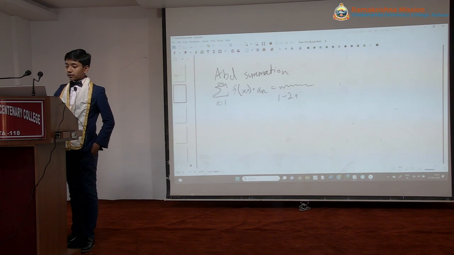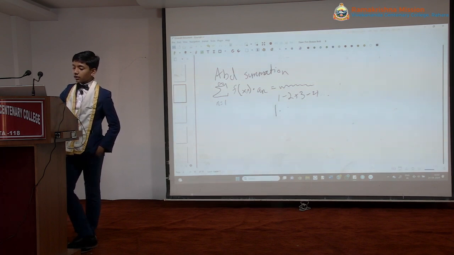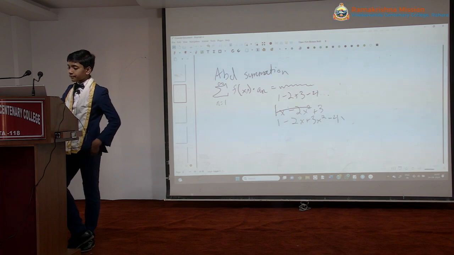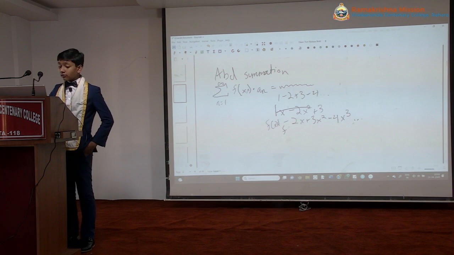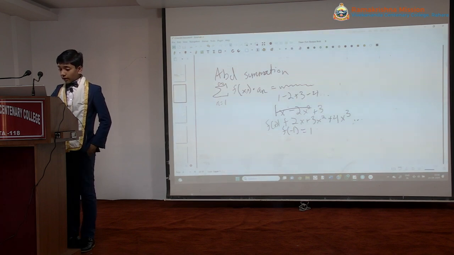Now, this series, 1 minus 2 plus 3 minus 4, etc., was really a subsection of the general series 1 minus 2x plus 3x squared minus 4x cubed, etc. Now, in this case, we have f of minus 1, which is 1 plus 2, and so on: 1 minus 2 plus 3 minus 4, etc. So essentially, f of x comma n is equal to nx to the n minus 1.